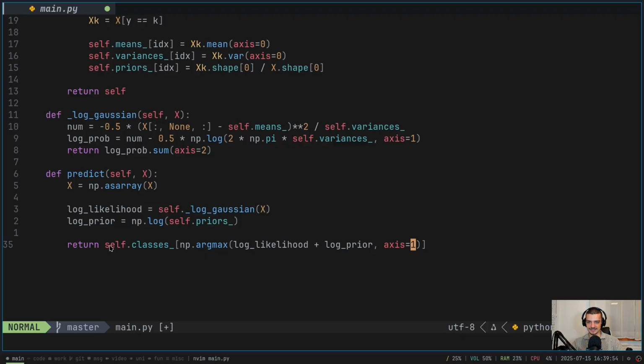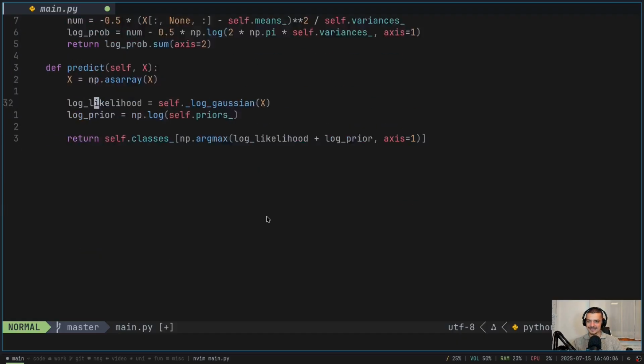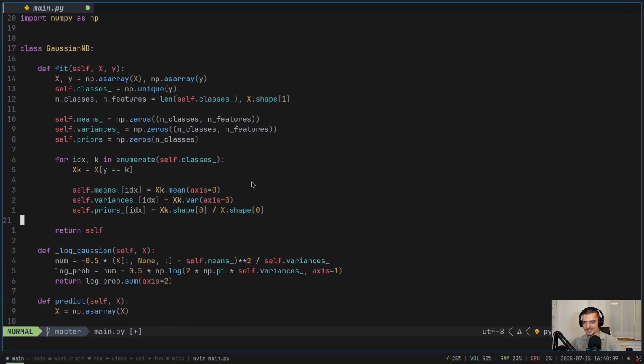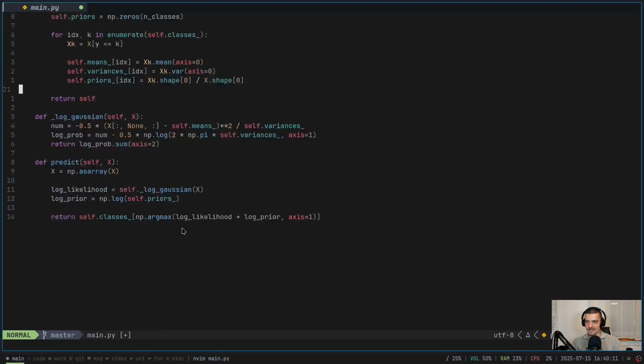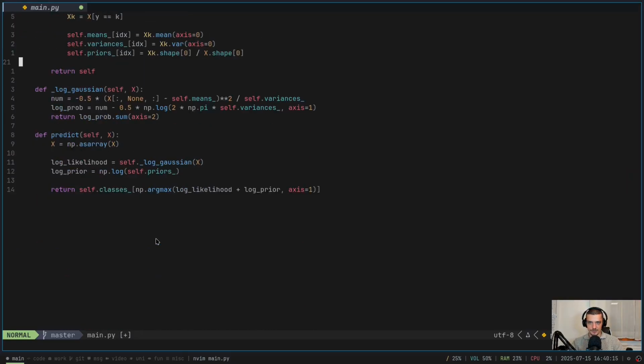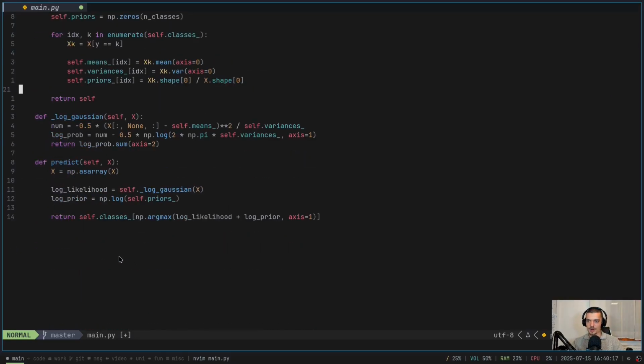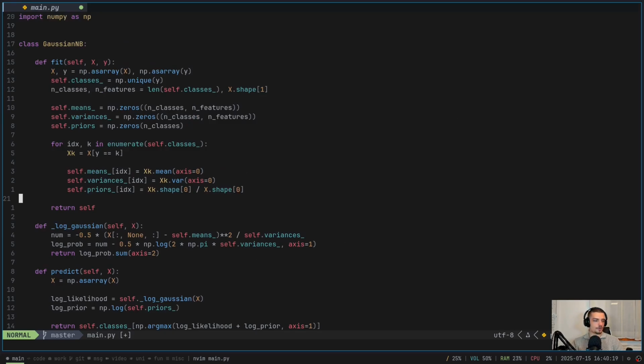And that is basically the thing. Which class do I have to choose to maximize this sum of the log likelihoods and the prior probability? That is the whole logic. This is a Gaussian naive Bayes implementation. Definitely there's a mistake in there because I don't record anything without having one typo or more in my code. So I'm sure this is not going to work first try.